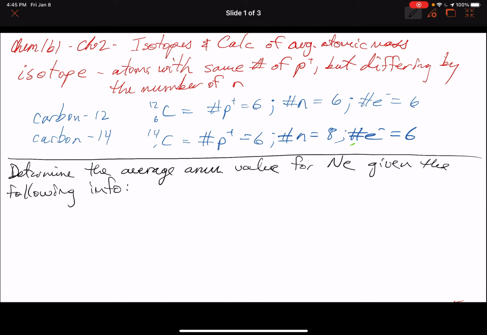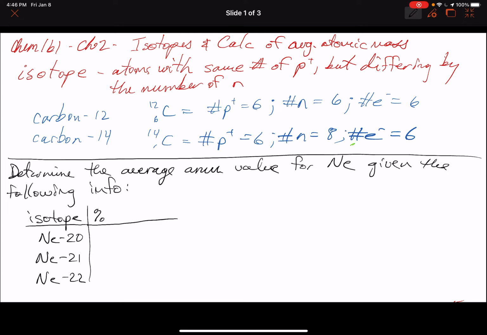Okay, so a little table would be provided. We would have the isotope in question. So we would have neon 20, neon 21, and neon 22 to comprise the 3 known naturally occurring isotopes for neon. And we would need abundance information.